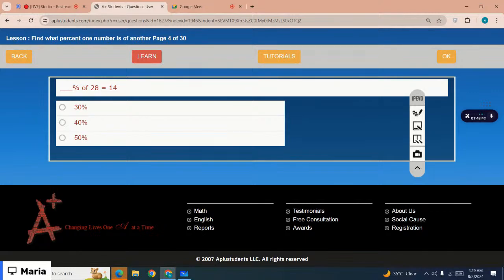Because 14 is exactly half of 28. So that means 14 is 50% of 28. The correct option is 50%.